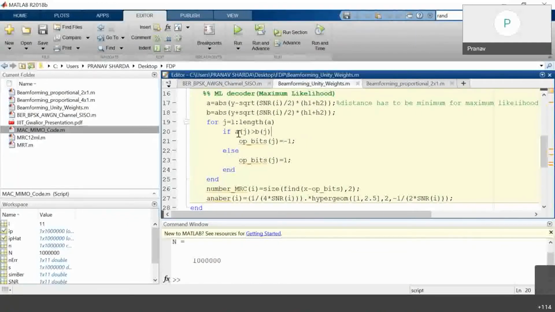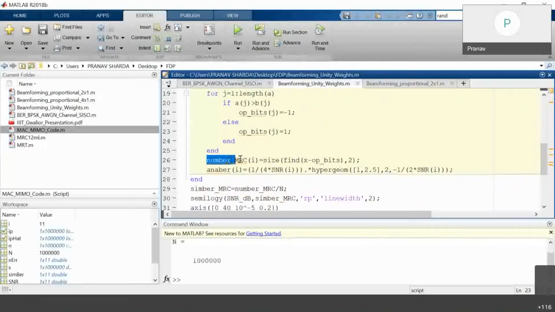So if AJ is greater than BJ, it means this distance is more, so minus 1 will be detected. In A, the symbol corresponds to x equal to 1, so it means minus 1 was transmitted. And the other case is the other possible symbol 1. So this is how we are writing the ML decoder in MATLAB, right?